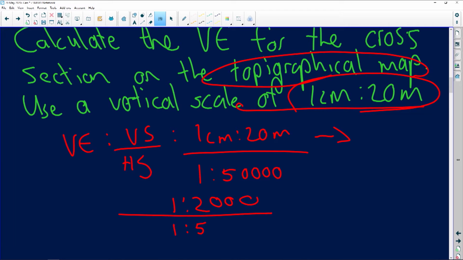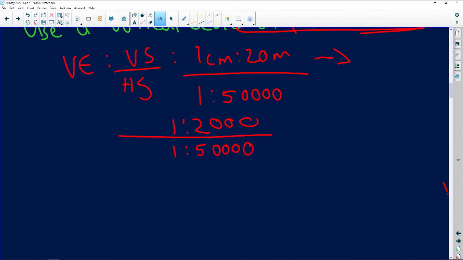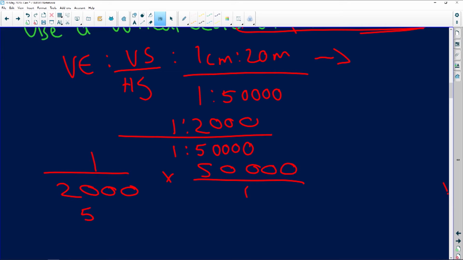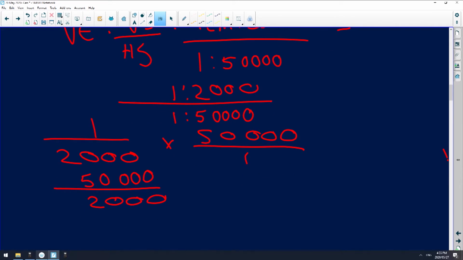Remember, our horizontal scale stays exactly the same. So we have 2,000 to 1 times 50,000. What do we say? 50,000 divided by 2,000. Yeah, I'll calculate it quickly.